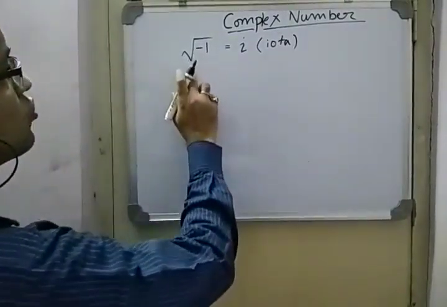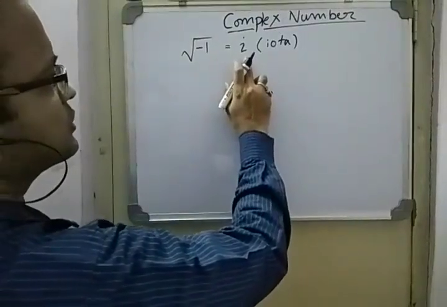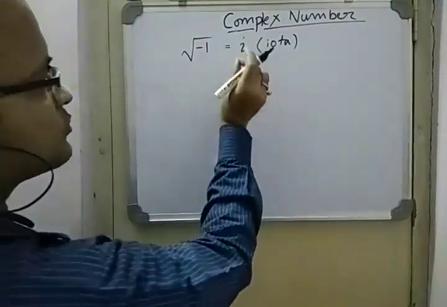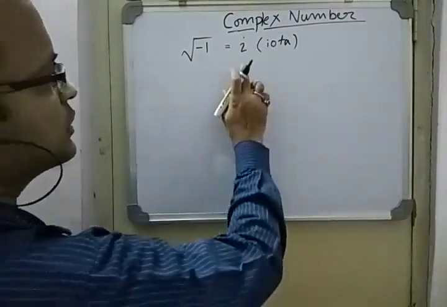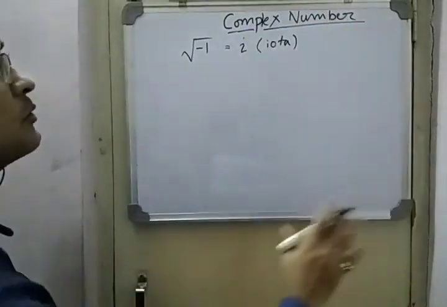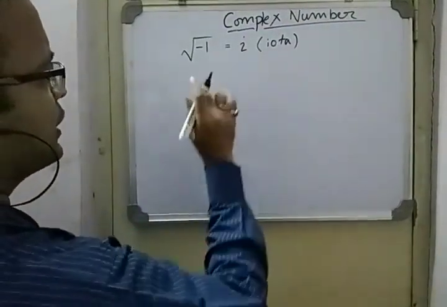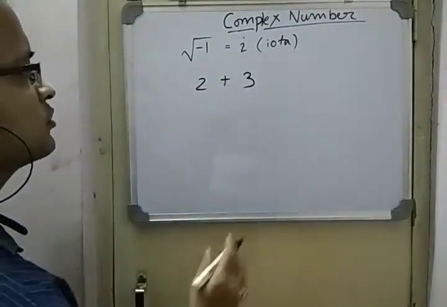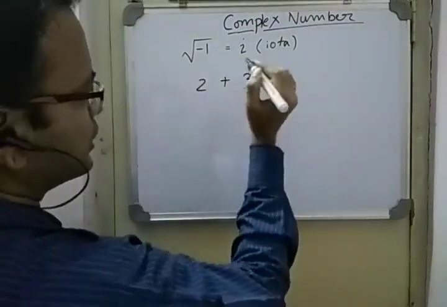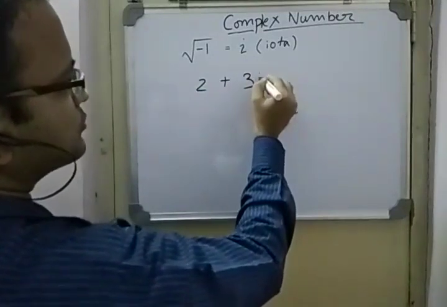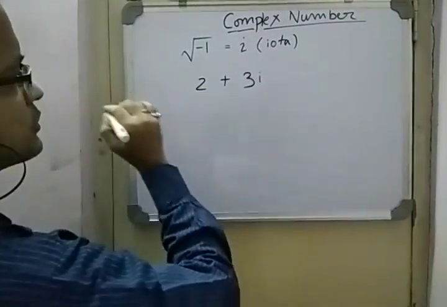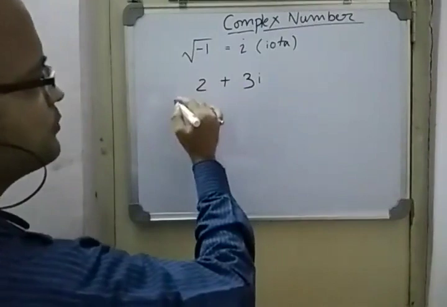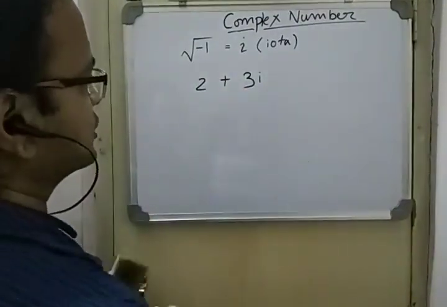It is root over of minus 1, that is replaced with i. i is the smallest unit that brings the whole concept of complex numbers. Suppose you have two real numbers added or subtracted, and i gets multiplied with either of them, so 2 plus 3i or 3 plus 2i, this is called a complex number.